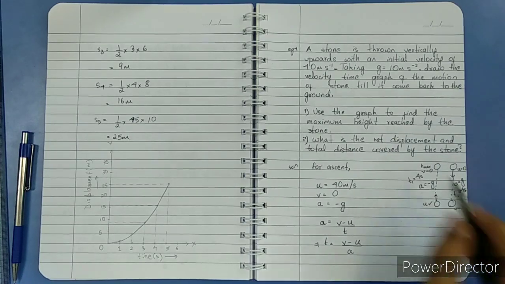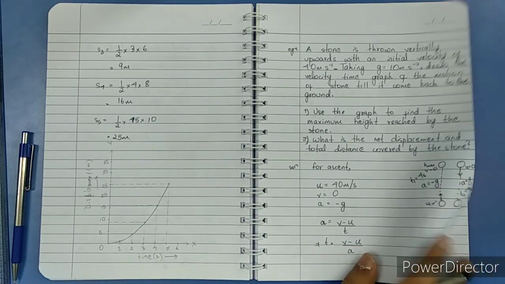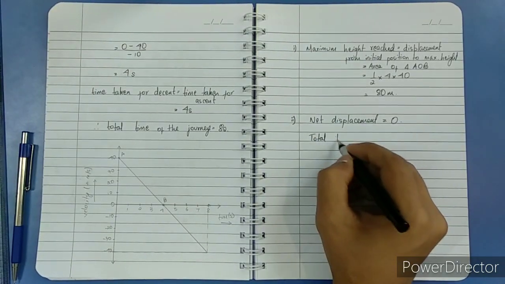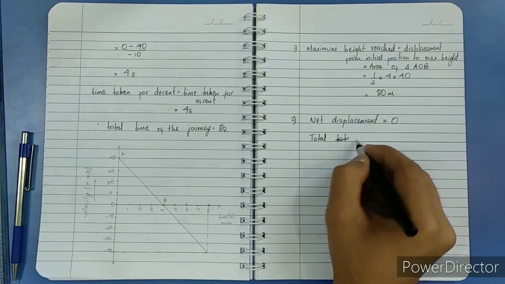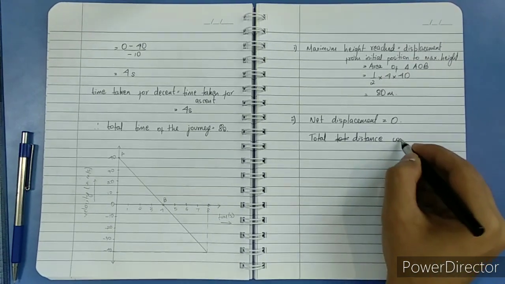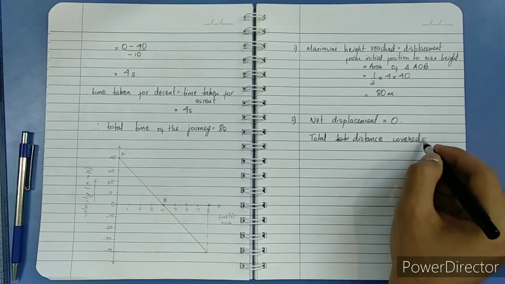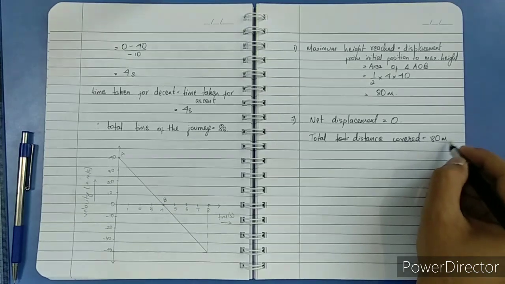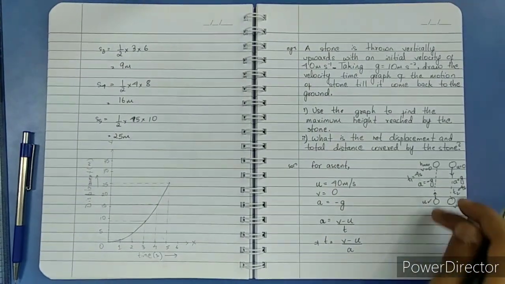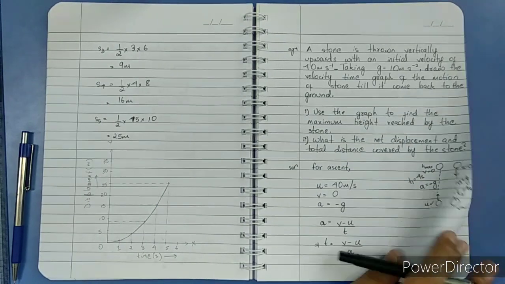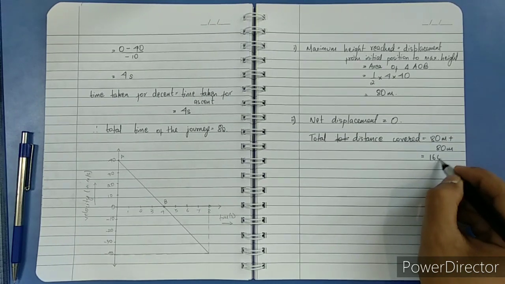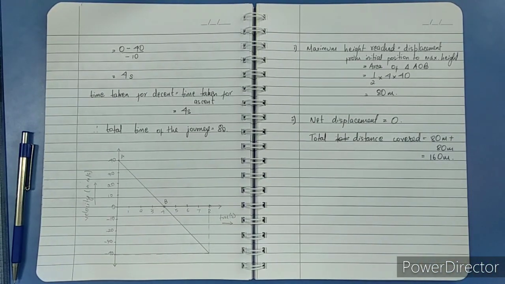Hence, the net displacement will become 0. And the total distance covered is equal to 80 meters plus 80 meters, because it went up 80 meters and came down 80 meters. So the total distance covered will become 160 meters.